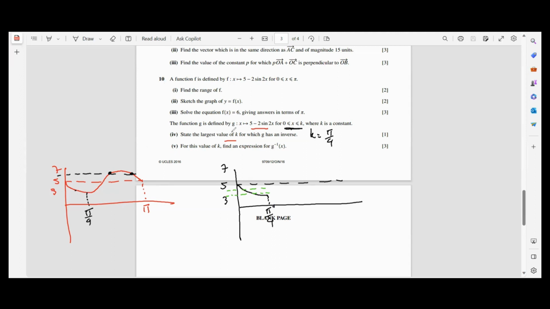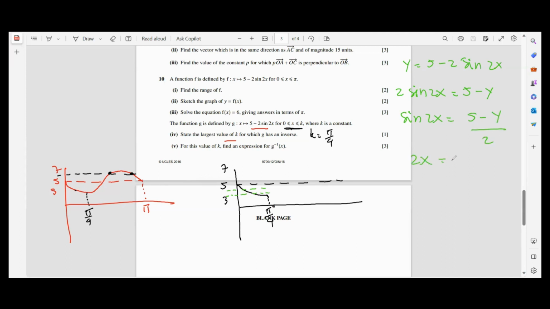For the V, for this value of k, pi over 4, we have to find the g inverse. Okay, so y equals 5 minus 2 sine 2x. So I will make it 2 sine 2x equals 5 minus y. So sine 2x equals 5 minus y over 2.